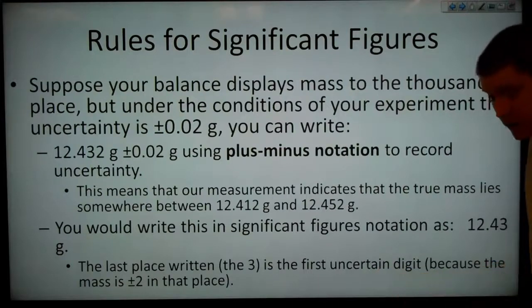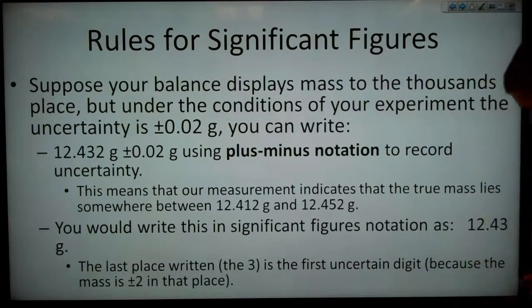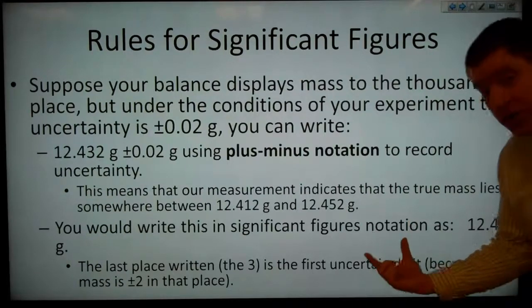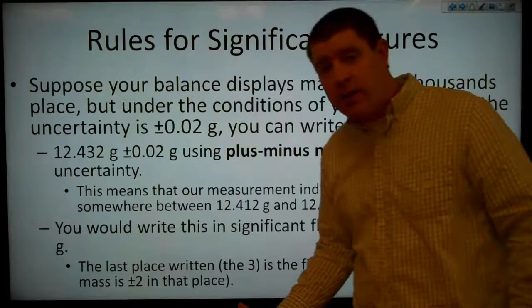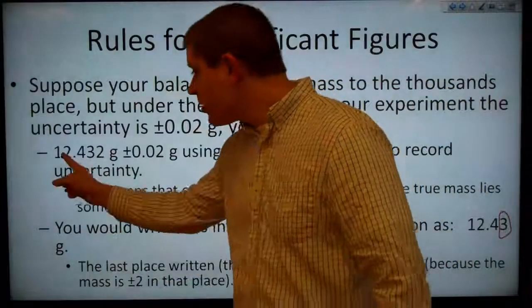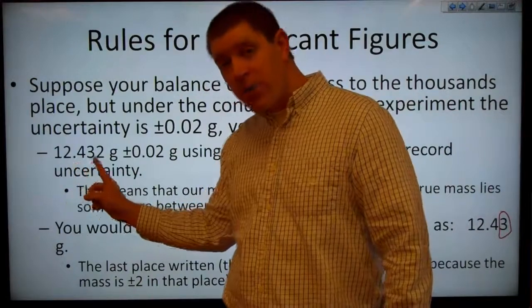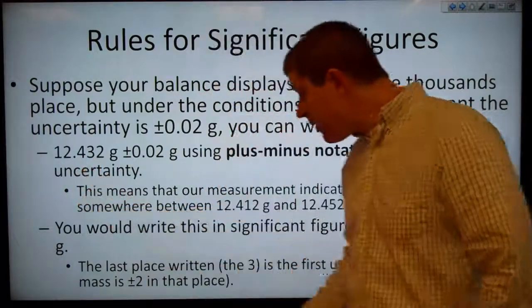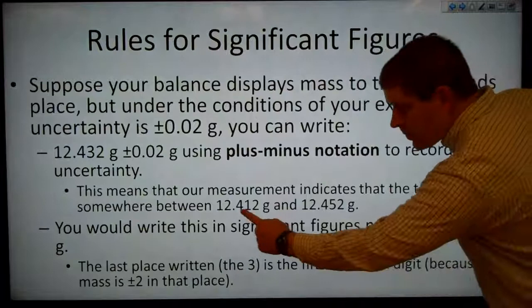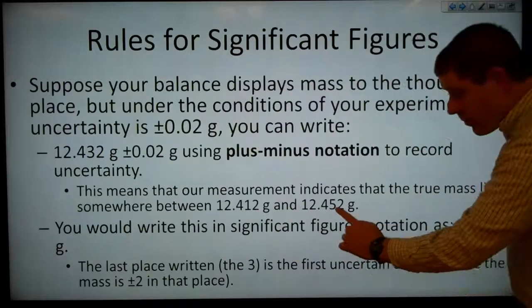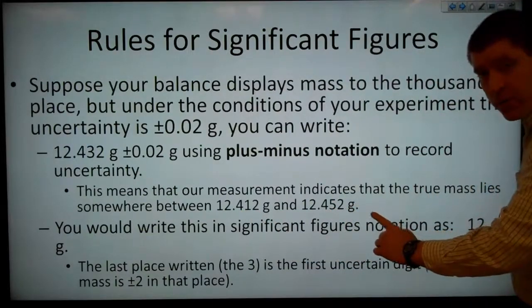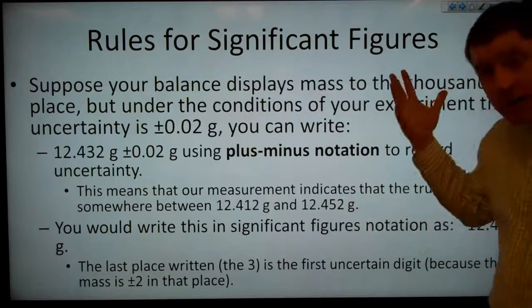And the last place that is written, this 3 here, is our first uncertain digit, because we're not sure that that 3 is right. We know for sure that the 1 is right, we know the 2 is right, we know the 4 is right, but that 3 we're not sure is right, because if our value can be anywhere between 12.412 and 12.452, the 2 here is basically meaningless for us.